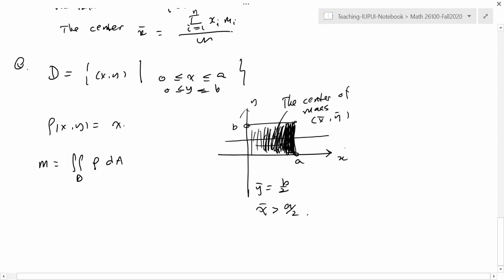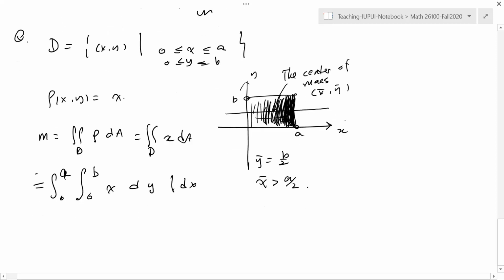Sometimes you can save your time and use symmetry. So this is a double integral of x dA. I can use any order, so I can put dx outside, from 0 to a, dx.